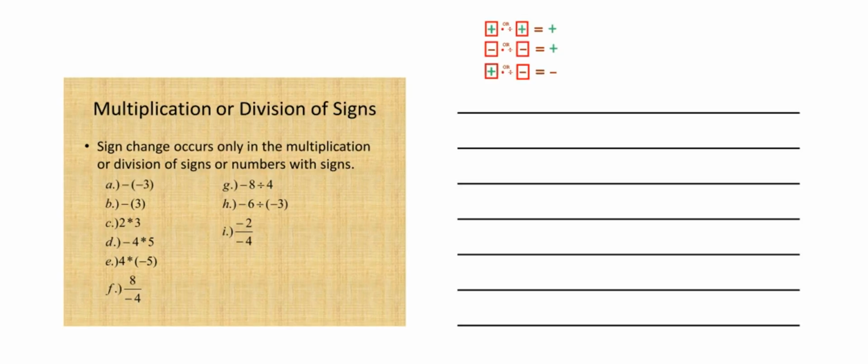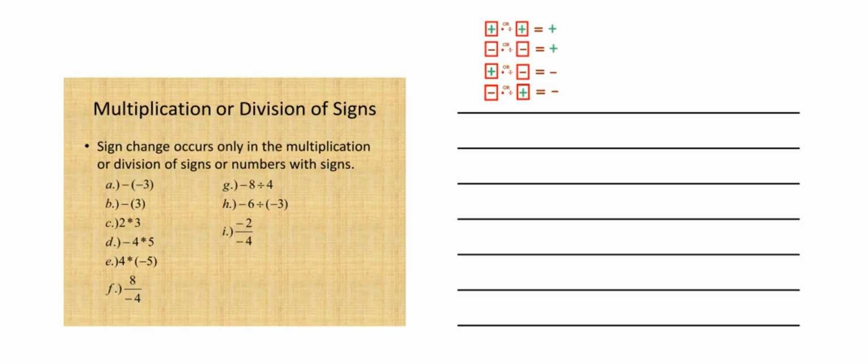What if we have a positive and a negative number multiplying or dividing with each other? A positive times a negative will give you a negative. What if we have a negative being multiplied or divided by a positive? In this case it will also give you a negative.